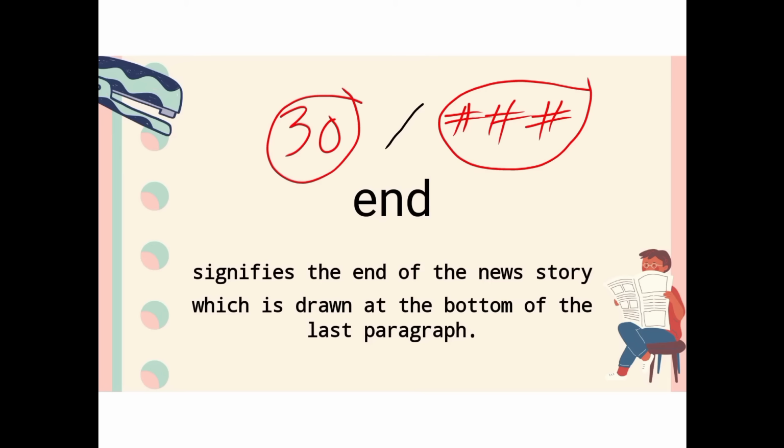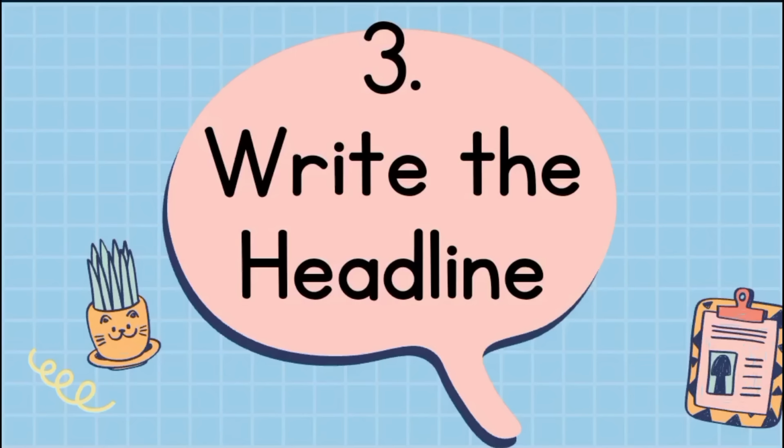After the copy reader has marked the draft for corrections, he will now write the news headline. A headline writer should flash the message of the news accurately in a short, telegraphic manner. Why is this necessary?